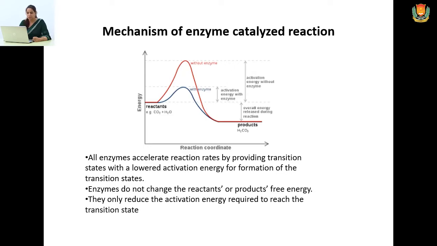Enzymes provide a base for the substrate to interact, so they increase the interactions, rather than free molecules moving freely in solution without the enzyme. That is why they decrease the activation energy, and more molecules can convert in a short time. So enzymes increase the rate of reaction by decreasing the activation energy of the reaction.